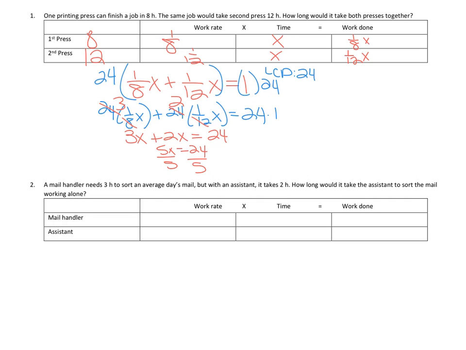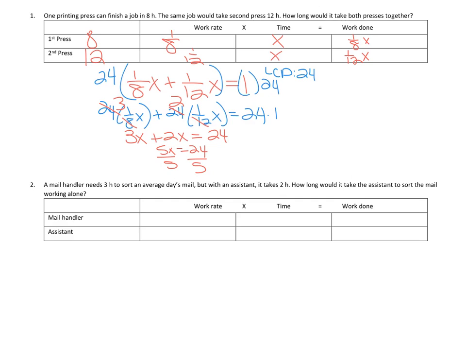Now, normally I tell you I don't care if you leave it as an improper fraction or change it to a mixed number. But if we're thinking about this, this is how long it takes them to print together, how long it would take them to print the entire book. Does it make a lot of sense? It takes them 24/5 hours.